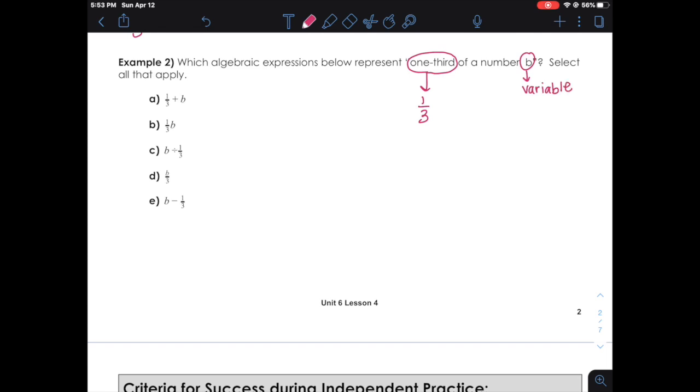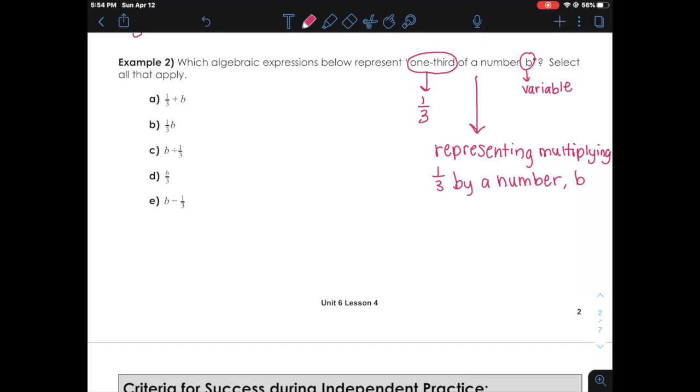And when it says 1/3 of a number, that's actually representing multiplication. So it's representing multiplying 1/3 by a number, which we don't know what our number is, so they're using the letter b, or the variable b.